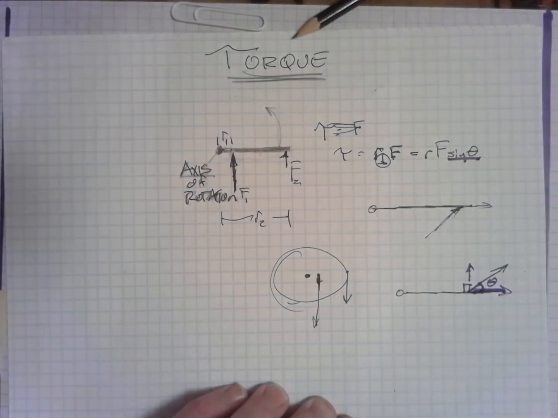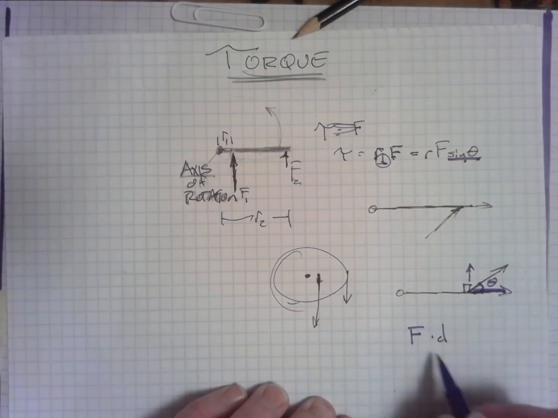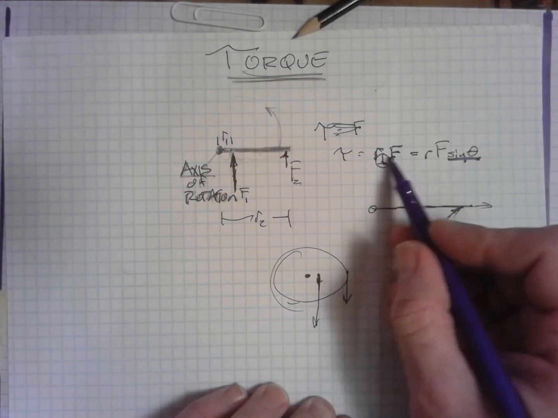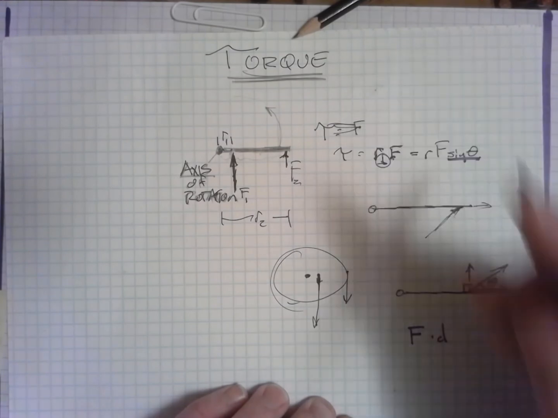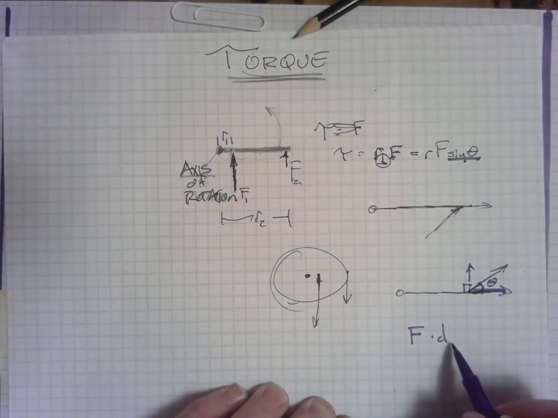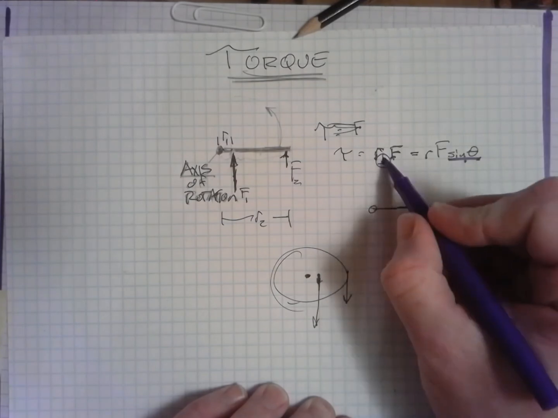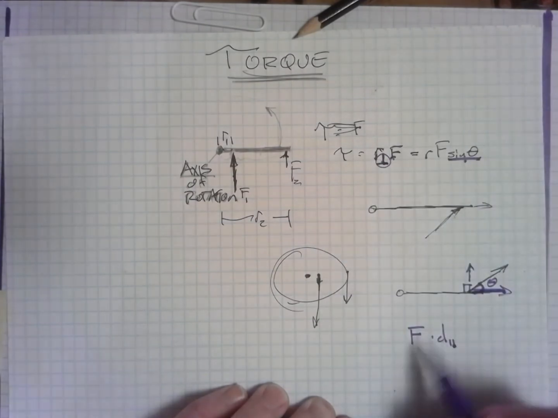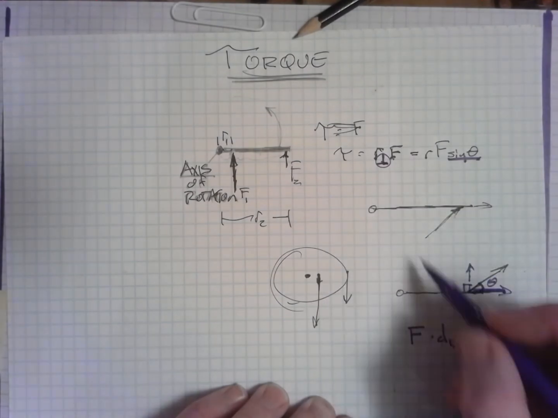So it's interesting, just a side note, force times distance is really the same thing as work, right? Force times a distance. But the difference between work and torque is that work uses the parallel component. So if you were dragging the door across the room, then yeah, this is the component you want. But the perpendicular component does nothing for work, but does cause things to spin if they have an axis.